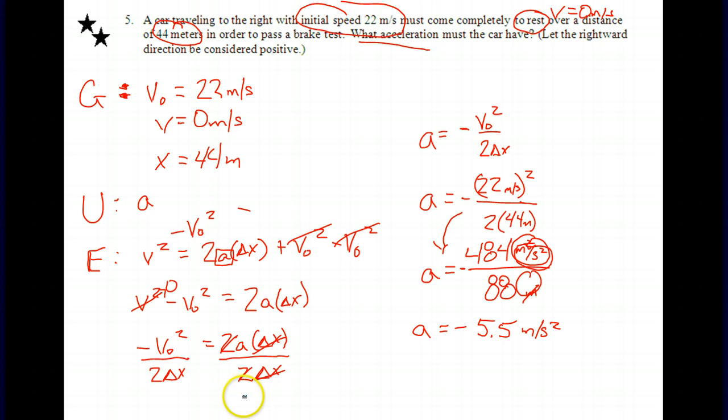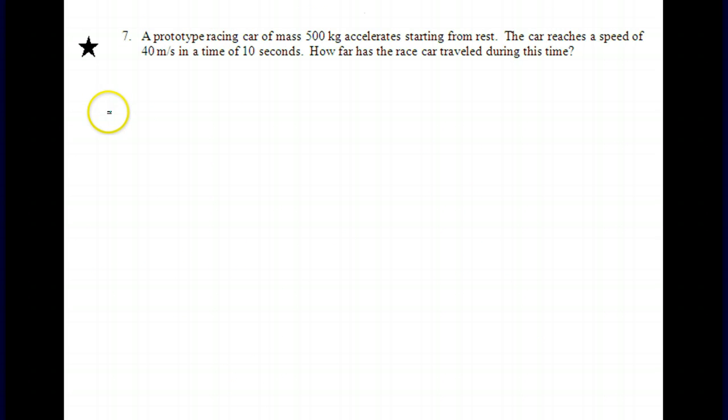So let's do the very last one, number 7. And again, we're going through the guess method here. So let's look for our givens. A prototype racing car of a mass, which is 500 kilograms, accelerates starting from rest. Okay, so we know that thing is going to be accelerating. The car reaches a speed of, so we've got a speed of 40 meters per second and a time of 10 seconds. So let's write some of that down.